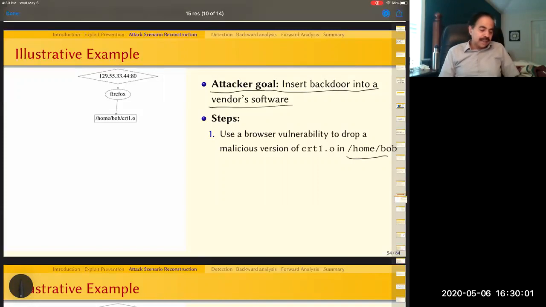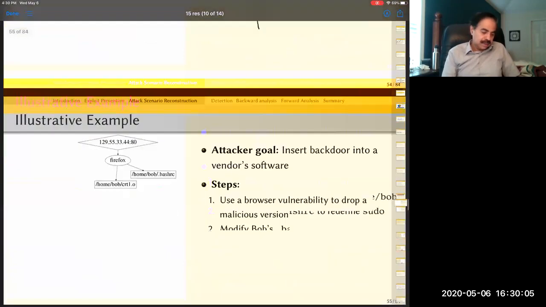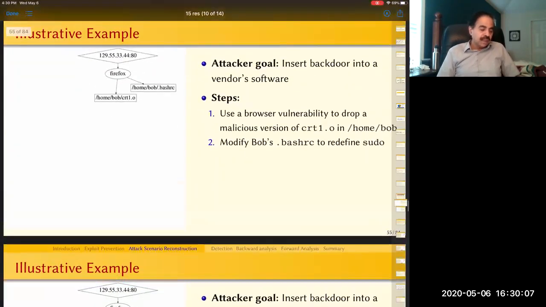And at that point, what happens is that Firefox gets compromised and it starts running malware.